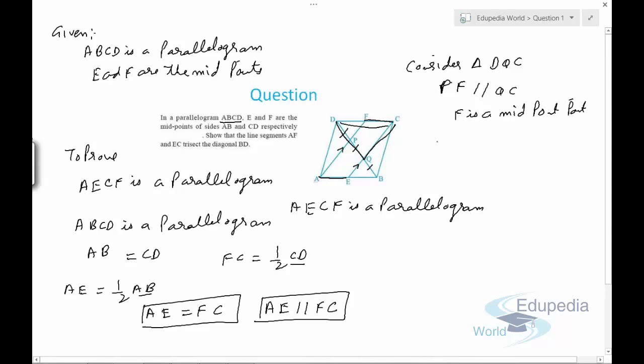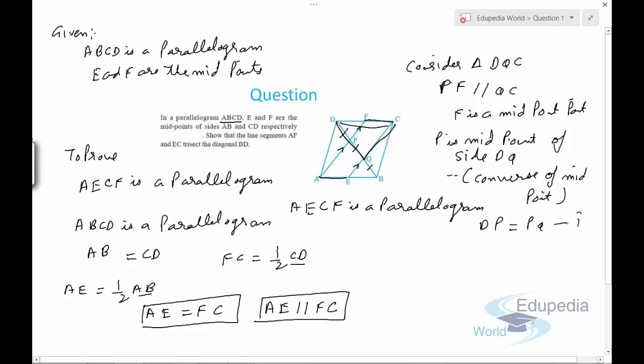So P is also the midpoint of side DQ, by the converse of the midpoint theorem, which says that if a line passing through the midpoint is parallel to the third side, it also passes through the midpoint of the other side. So DP equals PQ. Let it be first.